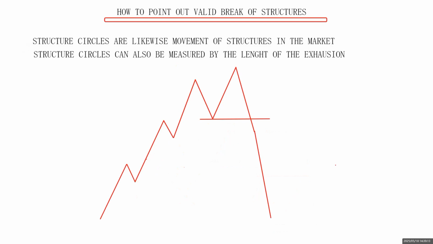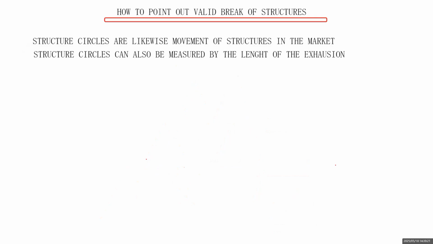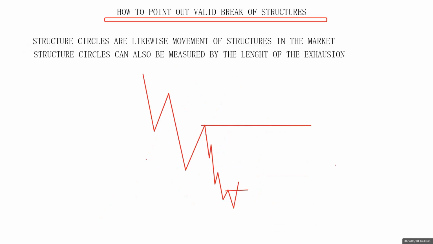The same way it applies in the bullish structure is the same way it applies in the bearish structure. That is, if we see prices make big structure circles like this, and we now see prices start a new structure circle here, these are small structure circles, and we now see a break of this structure circle here. At maximum, this is our take profit because it has no business with this other window.